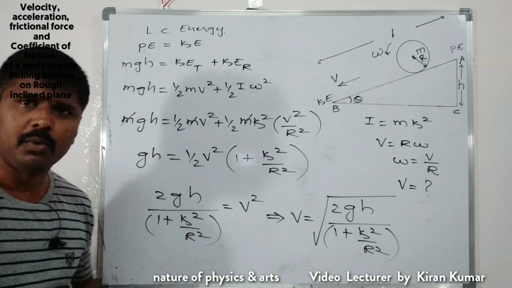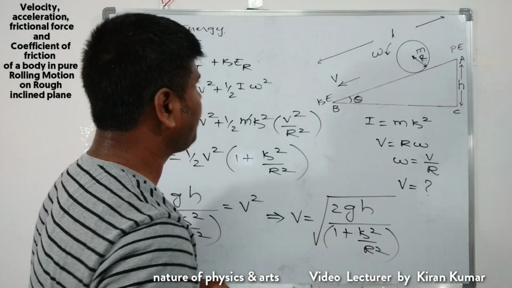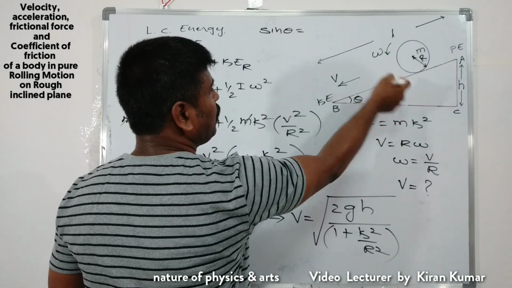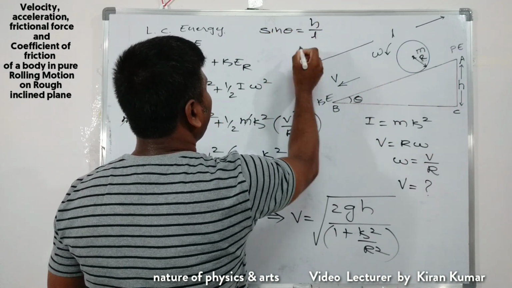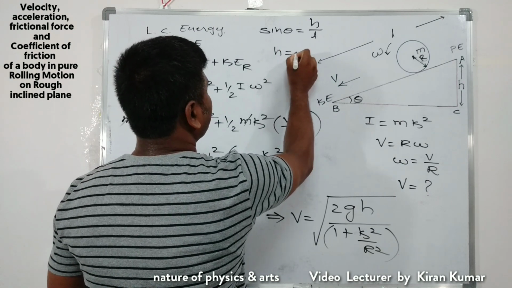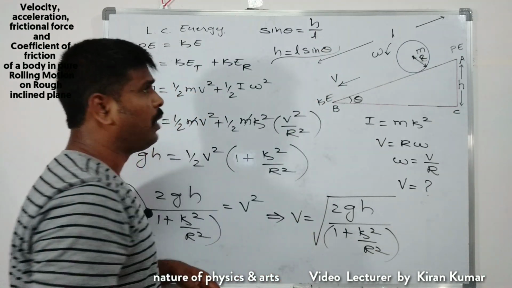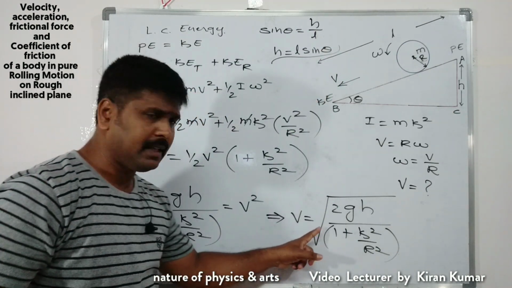Now we can do one thing here. θ is the angle of inclination, so sin θ is equal to h divided by L, so h is equal to L sin θ. We can replace this in the equation.